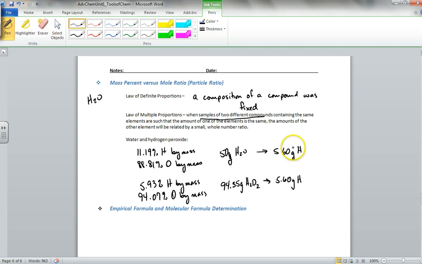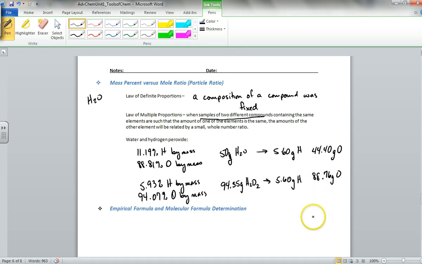Just by taking the differences here, you'll find out that in the water you have 44.4 grams of oxygen. And in this one, we have 88.76 grams of oxygen. Now again, this was using a calculation where I used the percentages to find these amounts.